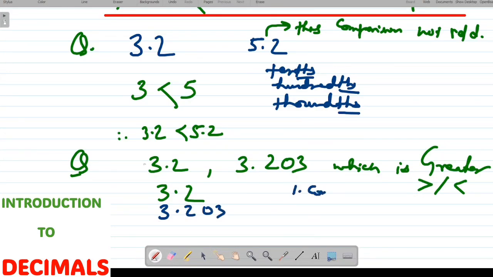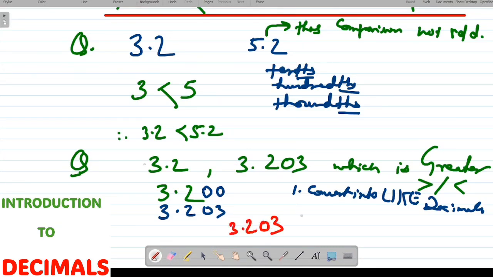First step, convert into like decimals. So 3.2 will be converted with the addition of two zeros on the right, which will not change the value, into 3.200 and 3.203. Now you can easily understand which is greater, 3.200 or 3.203. So definitely 3.203 is greater than 3.200.